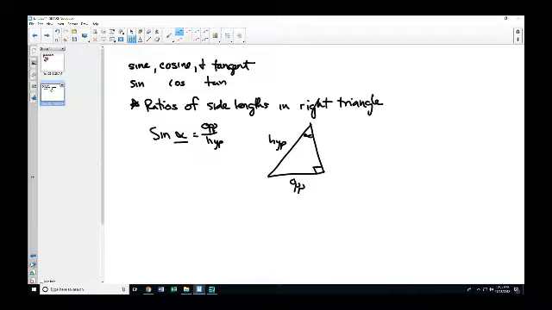So if you are given, let's say, alpha is 45 degrees and the hypotenuse is 10 meters, if we plug in where appropriate, we can solve for that missing side length.